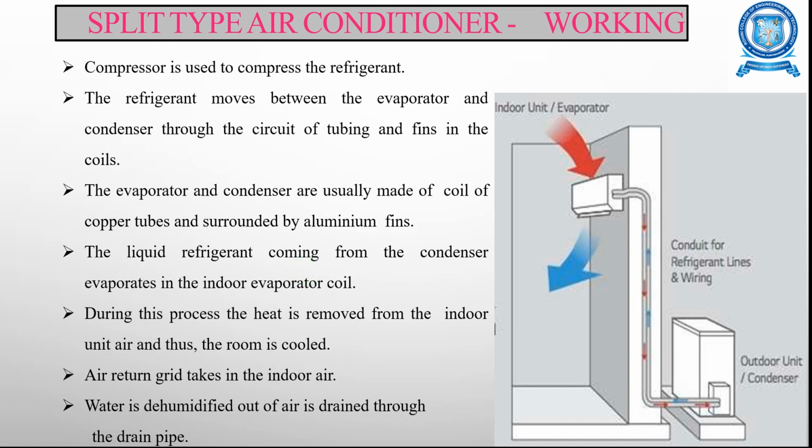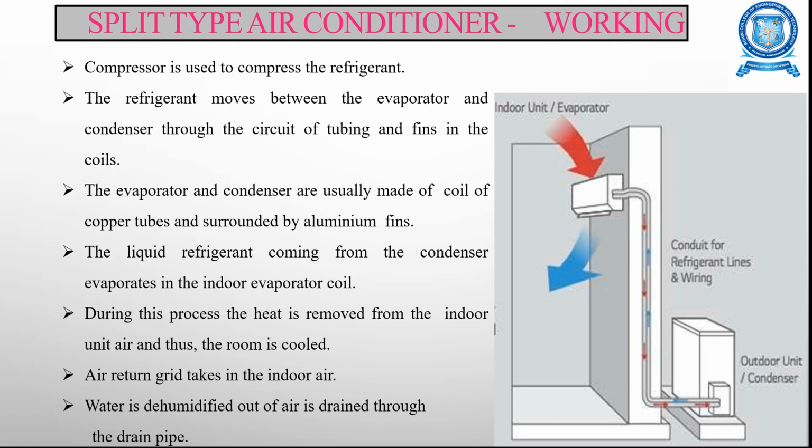The compressor is normally used to compress the refrigerant, and the refrigerant moves between the evaporator and the condenser through the circuit of tubing and fins in the coil. The evaporator and the condenser are normally made of coils of copper tubes surrounded by aluminum fins.